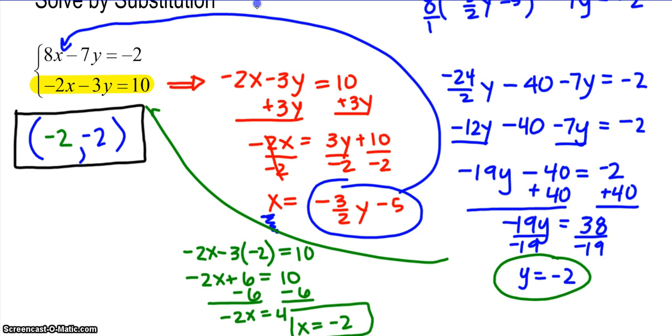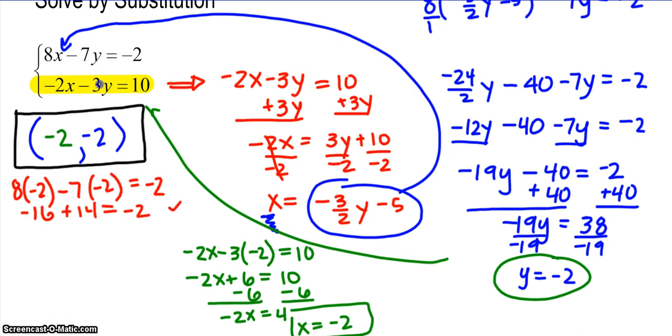If we want to check this, which is always a good idea, we can put these values back in. 8 times negative 2 minus 7 times negative 2 should equal negative 2. It's negative 16 plus 14 equals negative 2. It works in the first equation. Now negative 2 must work in the second equation as well.